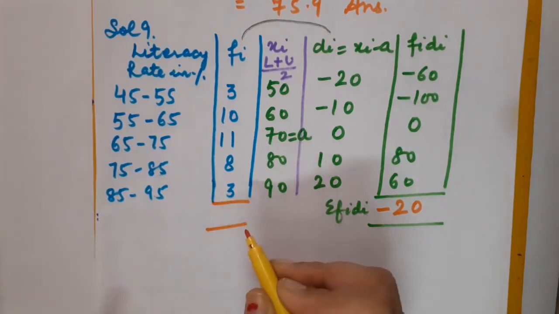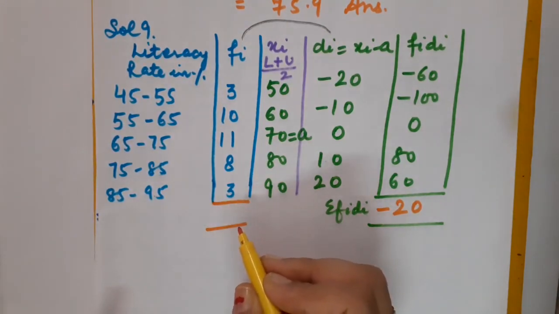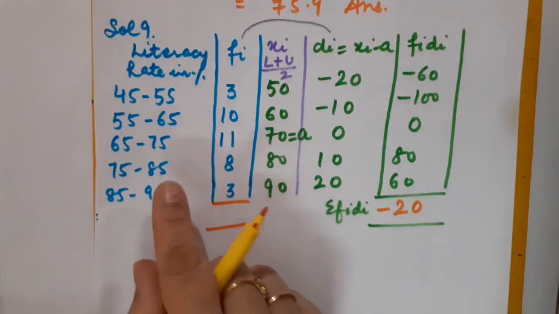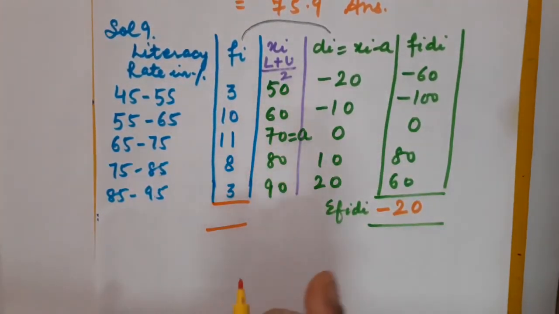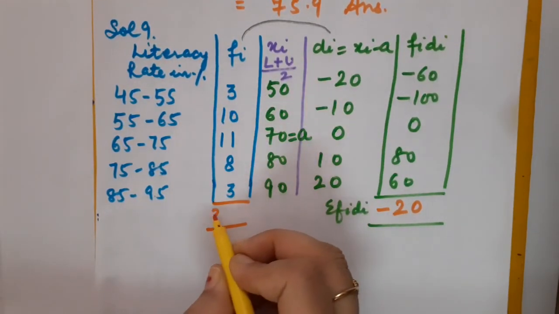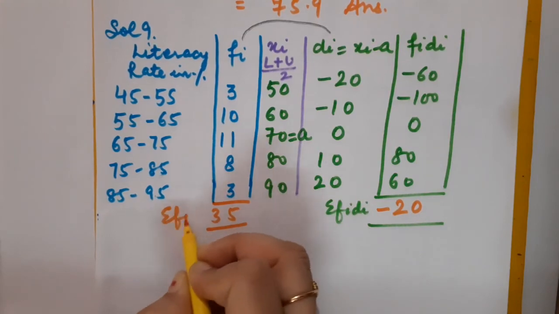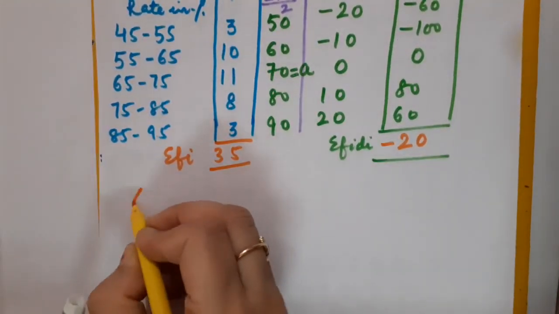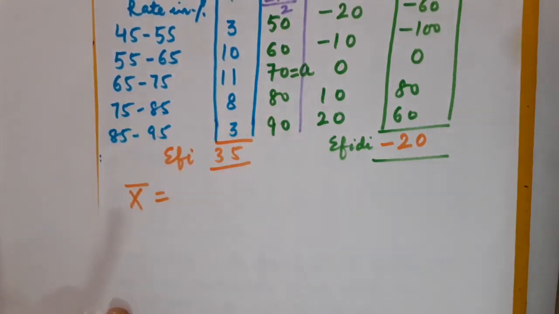So children, we know how many cities were there whose literacy rate in percentage is reflected here on the screen. There were total 35. When you will be adding all the frequencies, you will be getting total 35. That is sigma Fi. Correct? Now let us calculate mean, which is x bar.